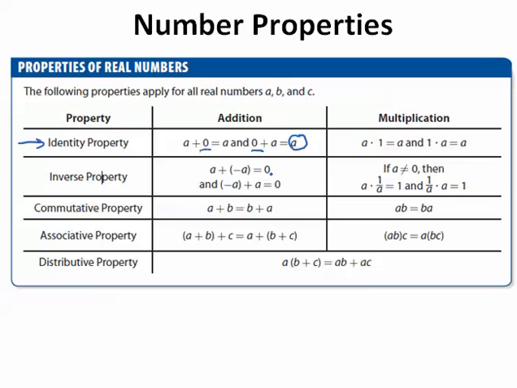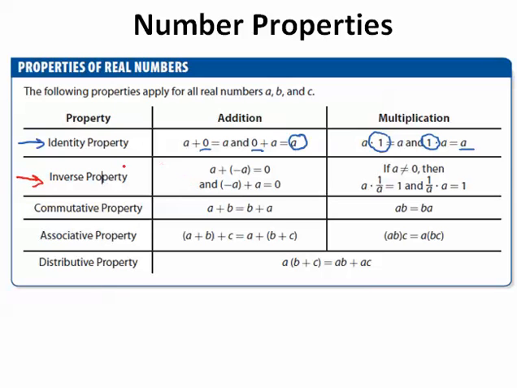So think of it as, no matter what you do to yourself, who you are, your identity, you're the same person underneath all that. So what can you add to not change the value? That is an identity. Under multiplication, what can we multiply by that doesn't change the value? And that would be 1. So that's how you know when it's an identity property.